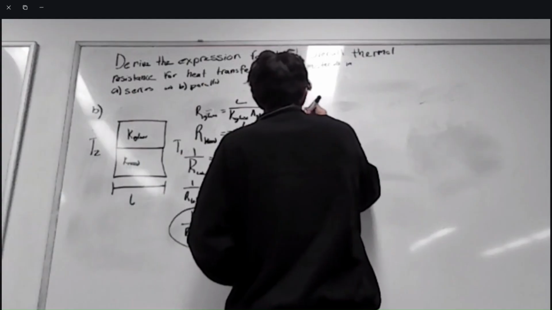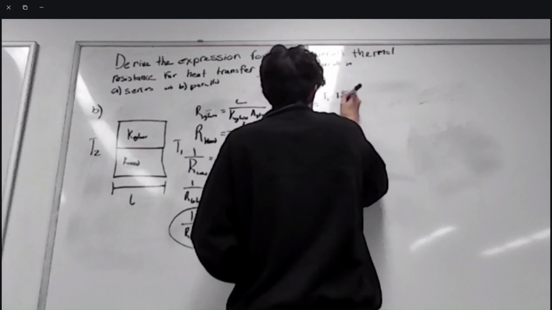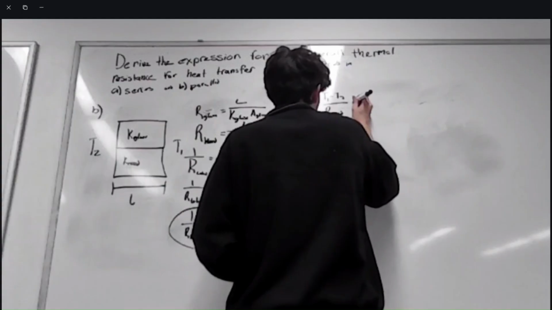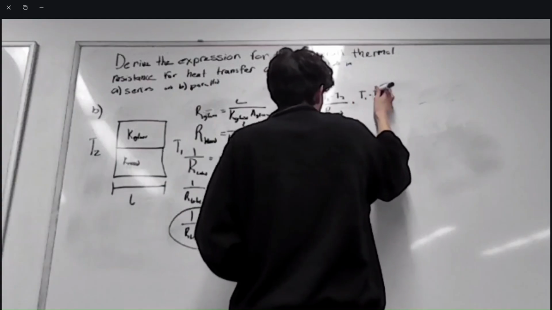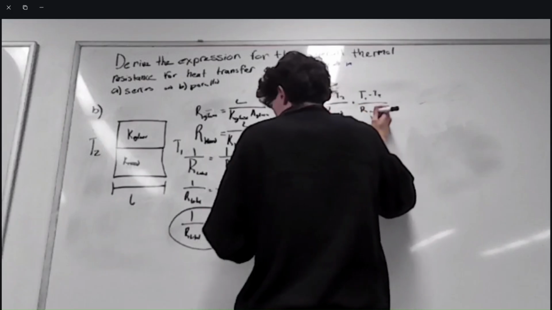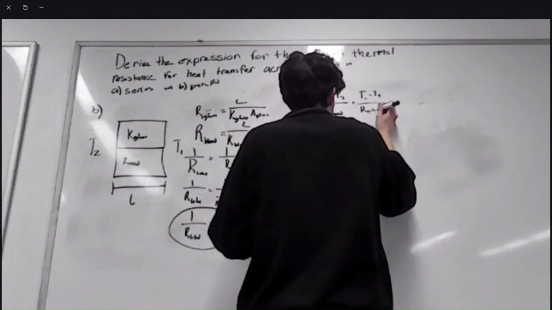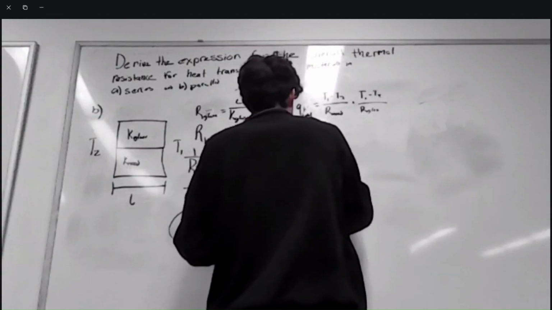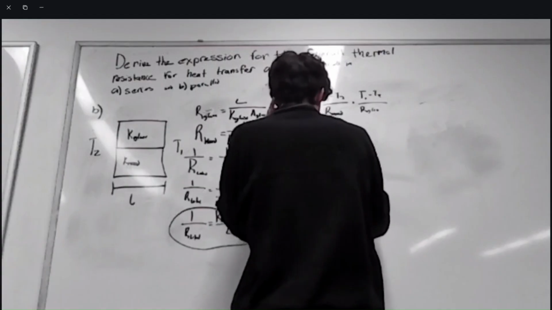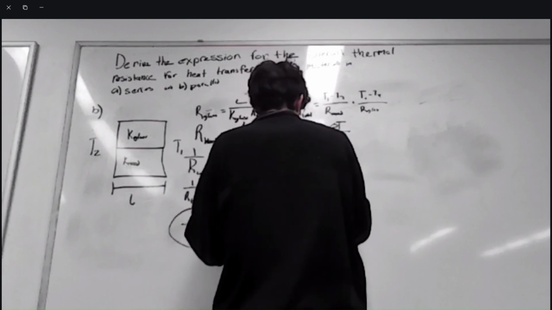So our total Q value, Q total, will be equal to temperature 1 minus temperature 2 over the thermal resistance of the wood plus thermal resistance of glass, which simplifies down to Q total over delta T, or R total, or just simply R total.